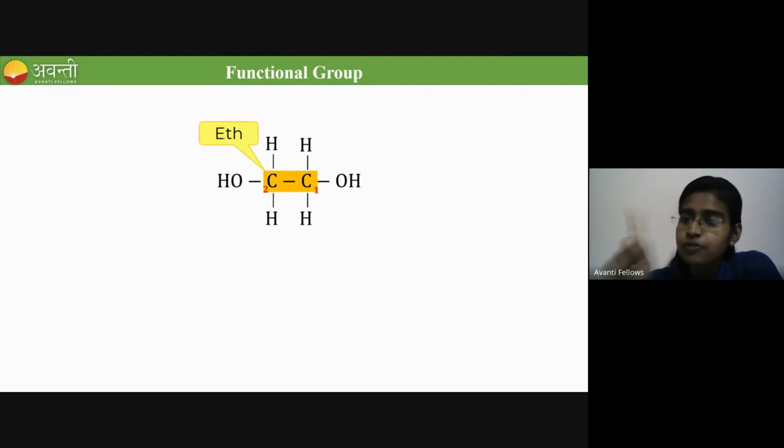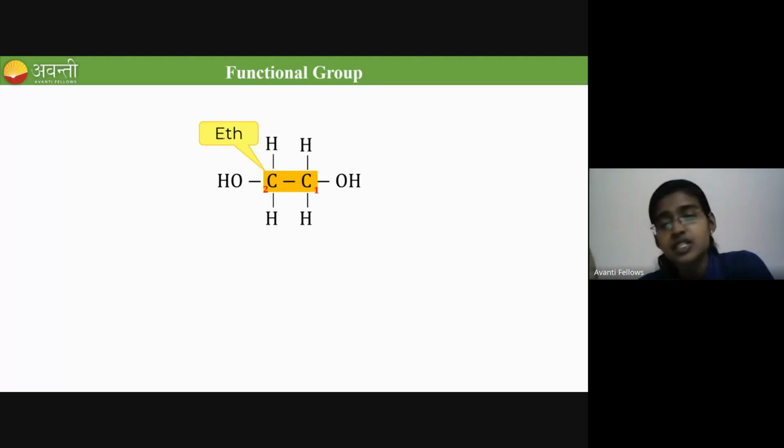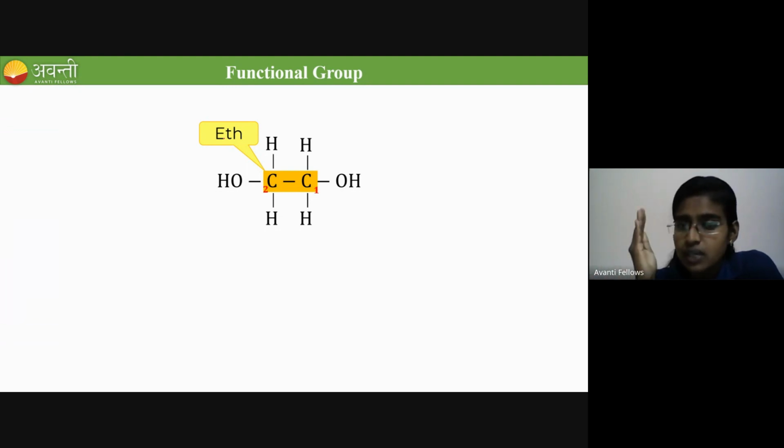Only one functional group means what we have to do? We have to start from the root word. Only if you have two different functional groups do you have to give a prefix first and then come to the root word. If you have only one type of functional group, then start the name with the root word. So how will you find the root word? From the number of carbons. How many carbons are here? Only 2 carbons. You can number from left to right or right to left, no problem, because only 2 carbons are there.